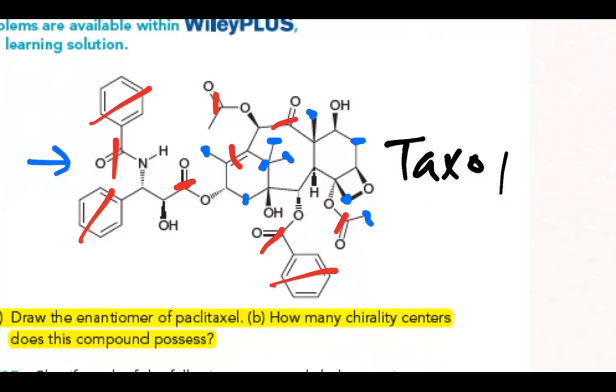Are we following that? Yes. Why would you exclude that last CH3? It's a CH3. It's got 3 hydrogens, so it's got 3 of the same groups. It's got to have 4 different groups attached to it in order for it to be considered a chiral center.